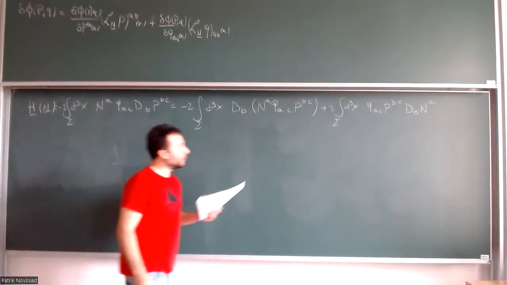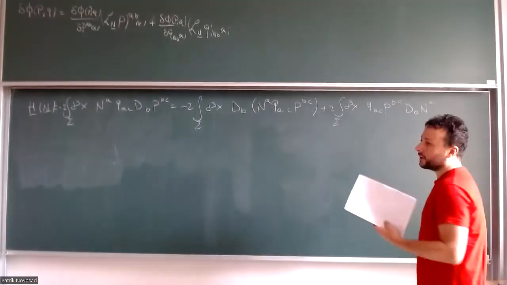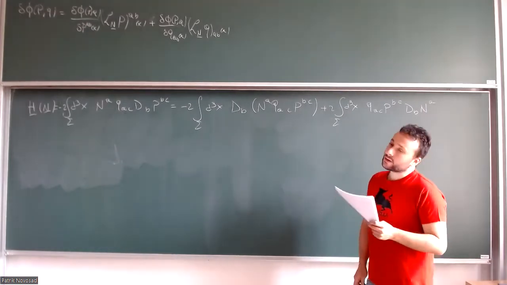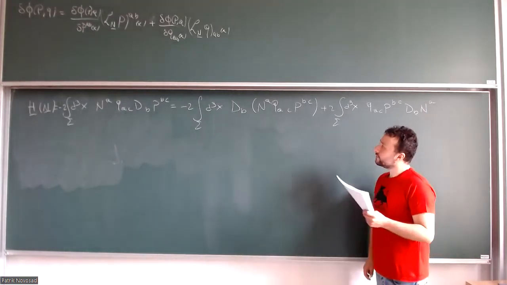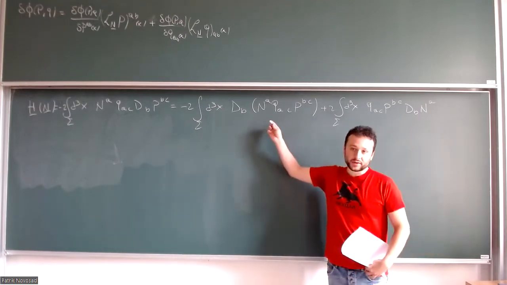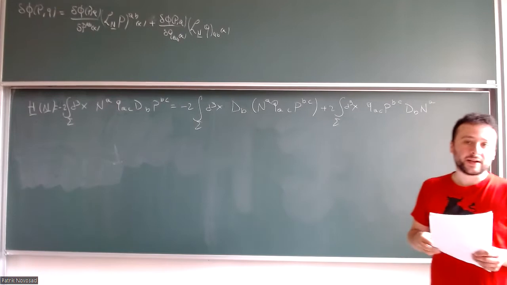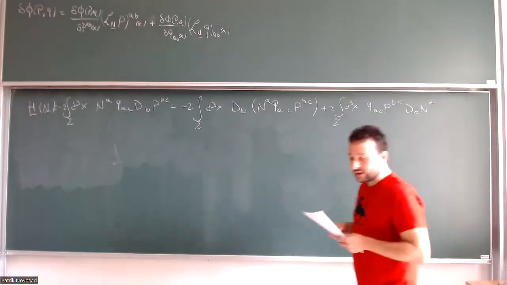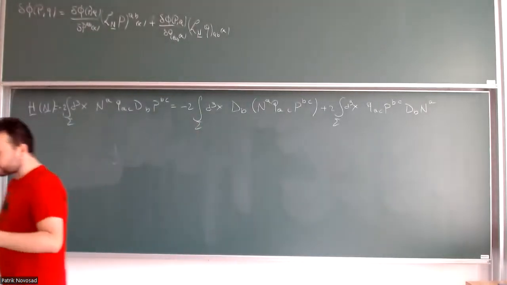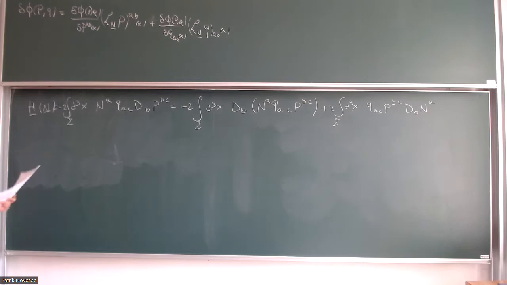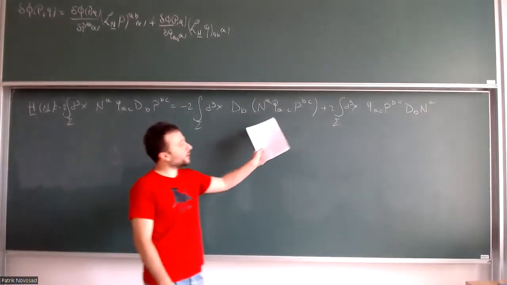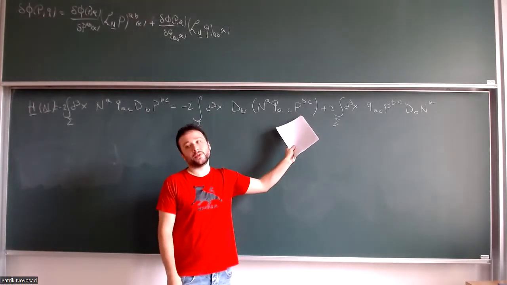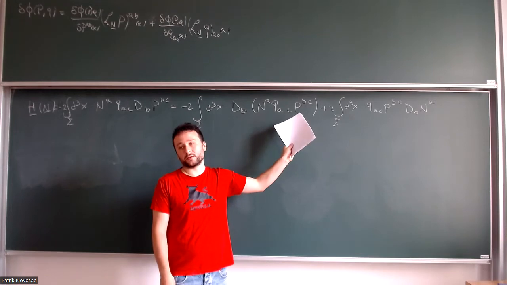And for asymptotically flat space-time, we know that the metric decays as 1 over r, where r is the radius of space. Its conjugate momentum can be proven to decay as 1 over r squared.